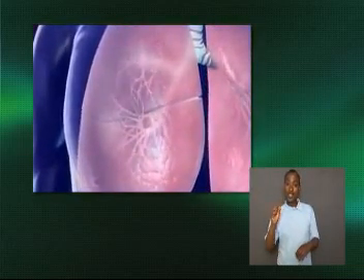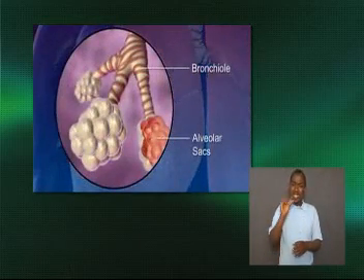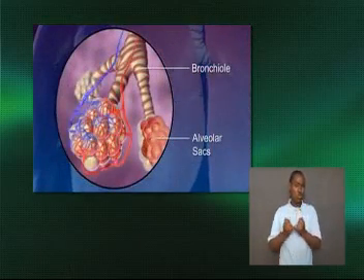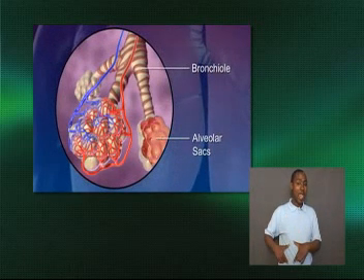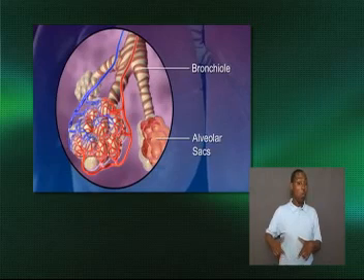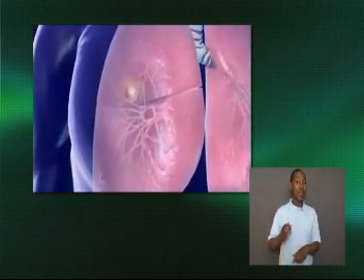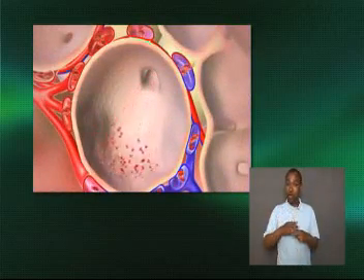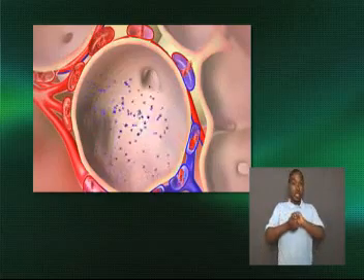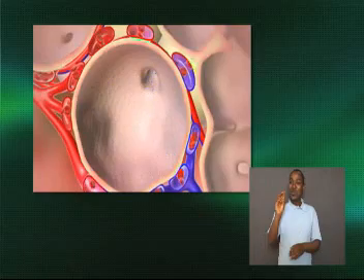The bronchioles divide into even smaller tubes until they reach the main structure of the lungs called alveoli. Alveoli are tiny air sacs in the lungs that provide a large surface area for the exchange of gases to take place.